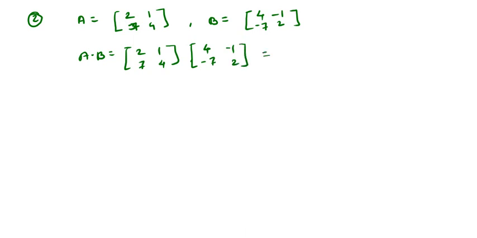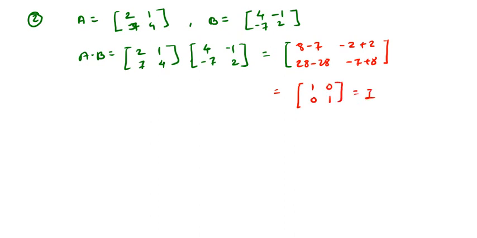If we take this multiplication, see what happens. This will be 8 minus 7, minus 2 plus 2, then 28 minus 28, then minus 7 plus 8. If you do the calculation, this will be 1, 0, 0, 1, which is again the identity matrix. So again matrix B is said to be the inverse of matrix A.